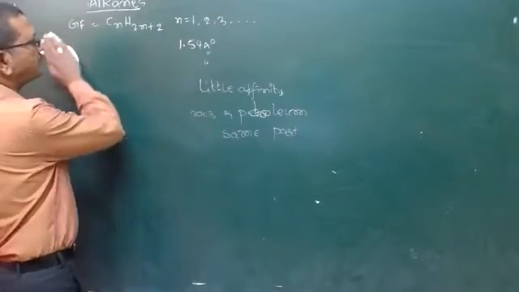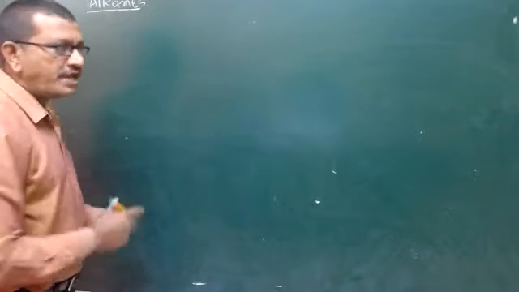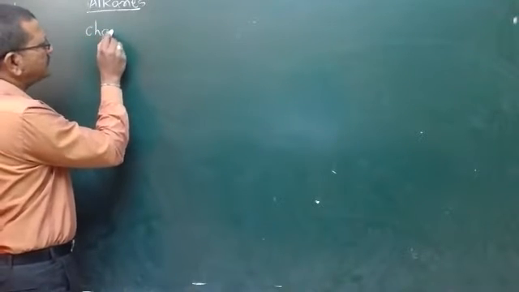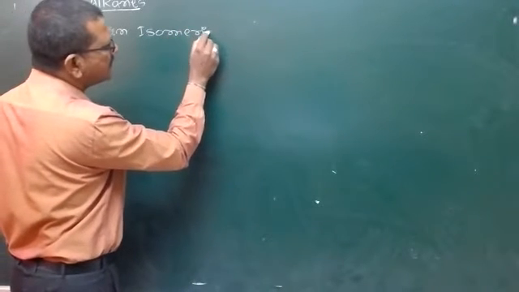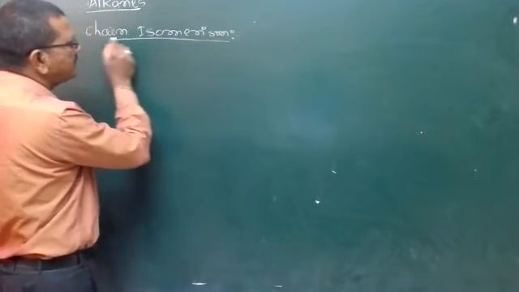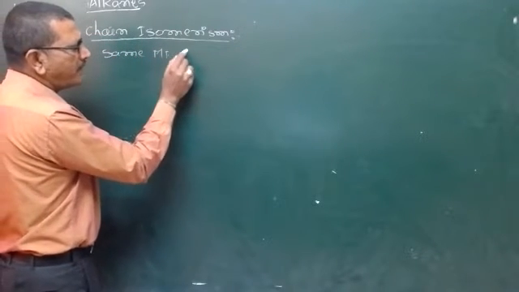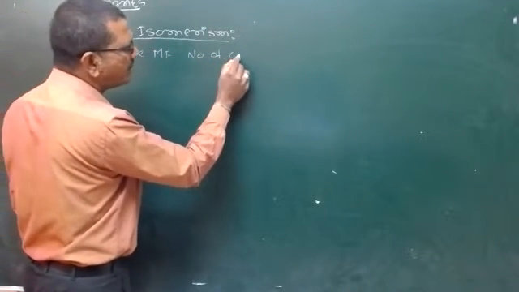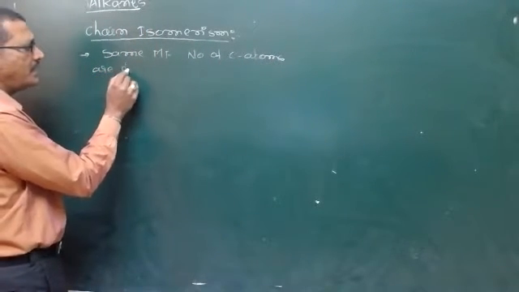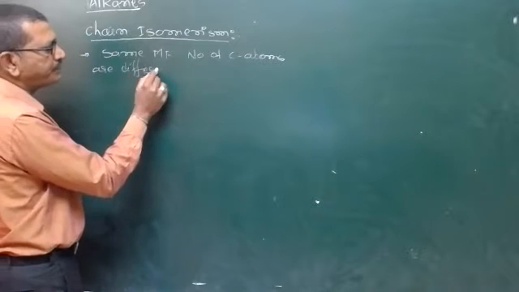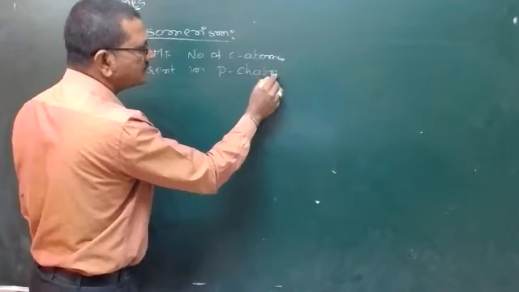Chain isomerism means isomers having the same molecular formula, but the number of carbon atoms in the principal chain is different. That is known as chain isomerism.